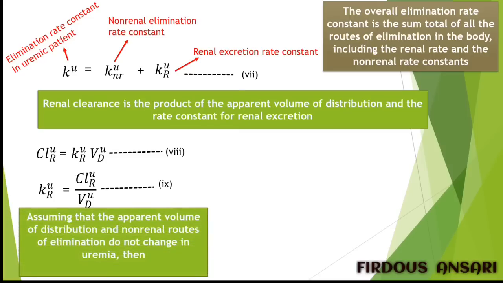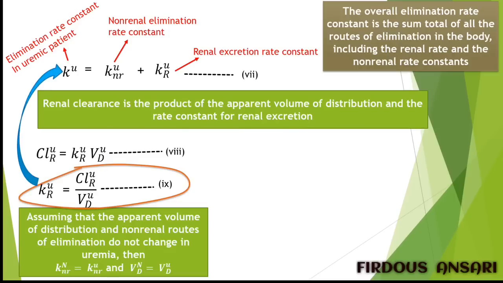Next, assuming that the apparent volume of distribution and the non-renal route of elimination do not change in uremia, that is, the non-renal elimination rate constant in a normal person equals the non-renal elimination rate constant in a uremic patient, and the volume of distribution in a normal person equals the volume of distribution in a uremic patient, we use equation number 9 and add it into equation number 7.